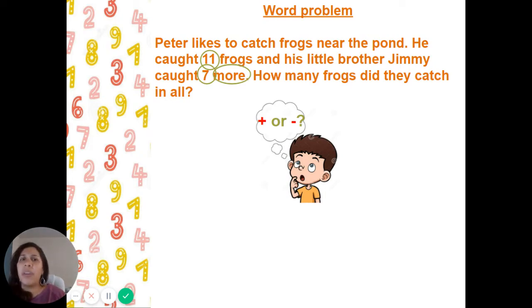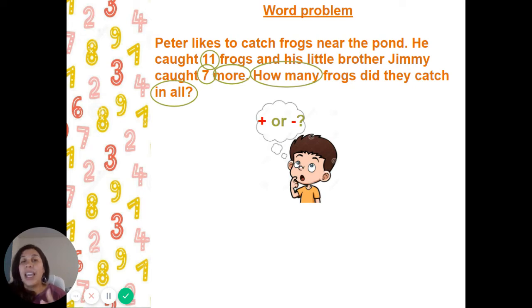I remember this expression, how many? So I think that's important too. In all. I remember seeing the word all. So let's circle that again. So these are the most important words that we can find in this problem. Numbers 11 and 7, the word more, and the expression how many in all.